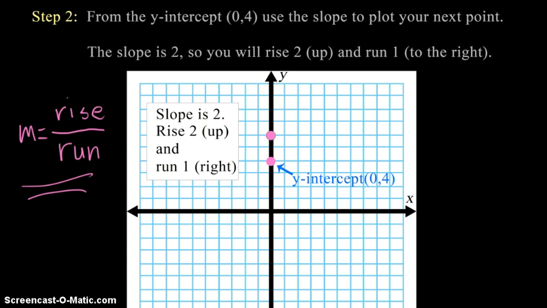Mag-run tayo ng 1 unit sa right. And 1 point. Okay, so yun yung ating slope. That is our second point.